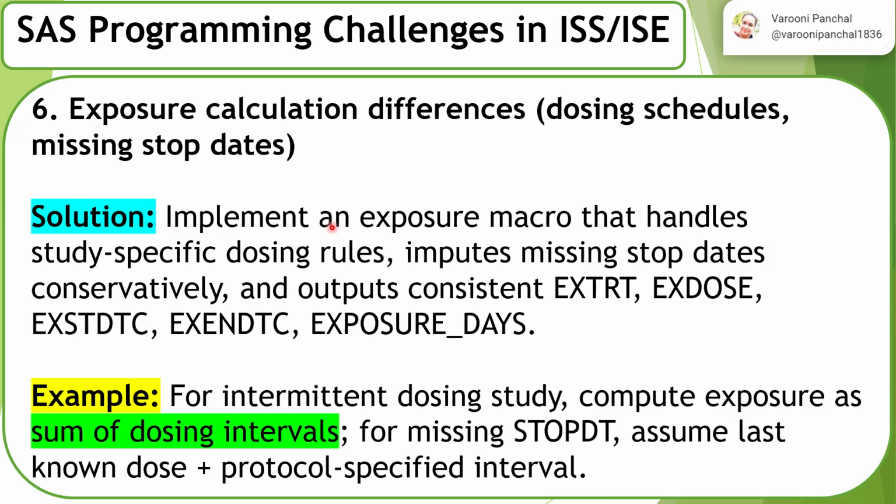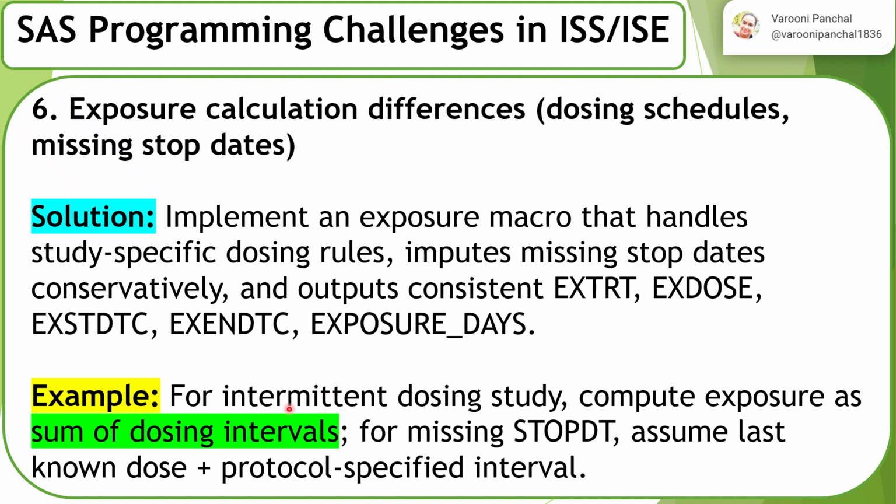So the solution here is to implement an exposure macro that handles study specific dosing rules, imputes missing stop dates conservatively, and outputs consistent exposure treatment dose, the character start date, the character end date and the exposure days. For example, how many days the subject or patient was exposed to that particular treatment.